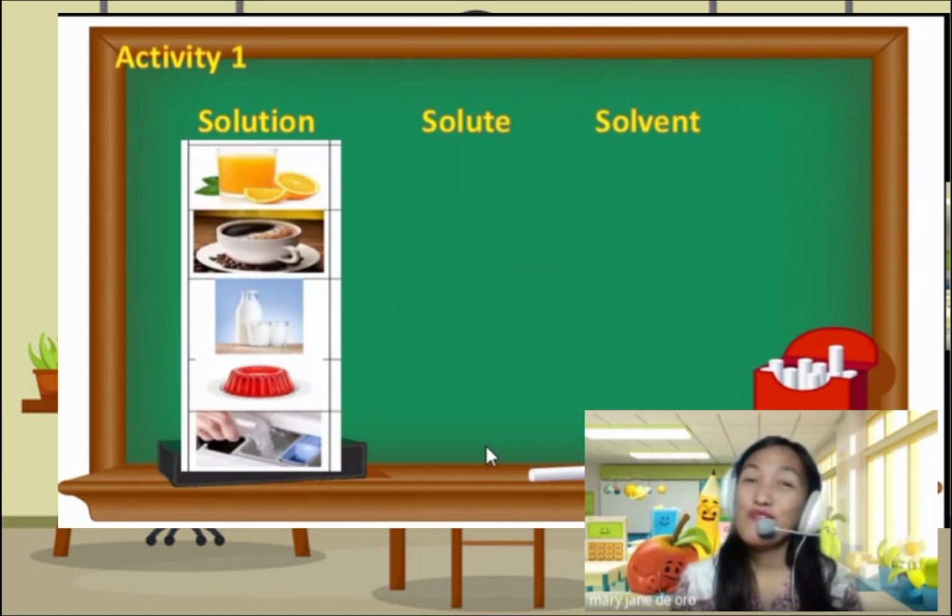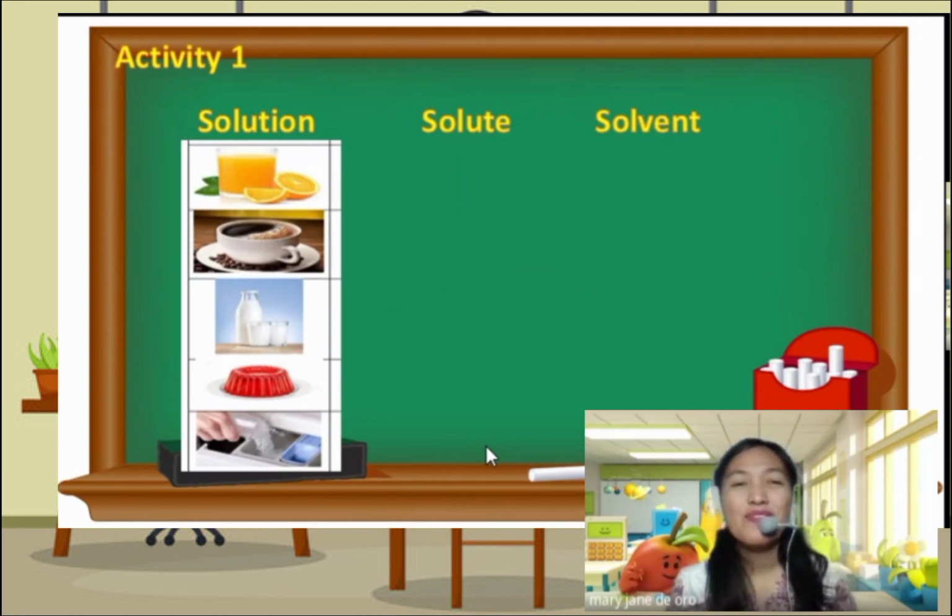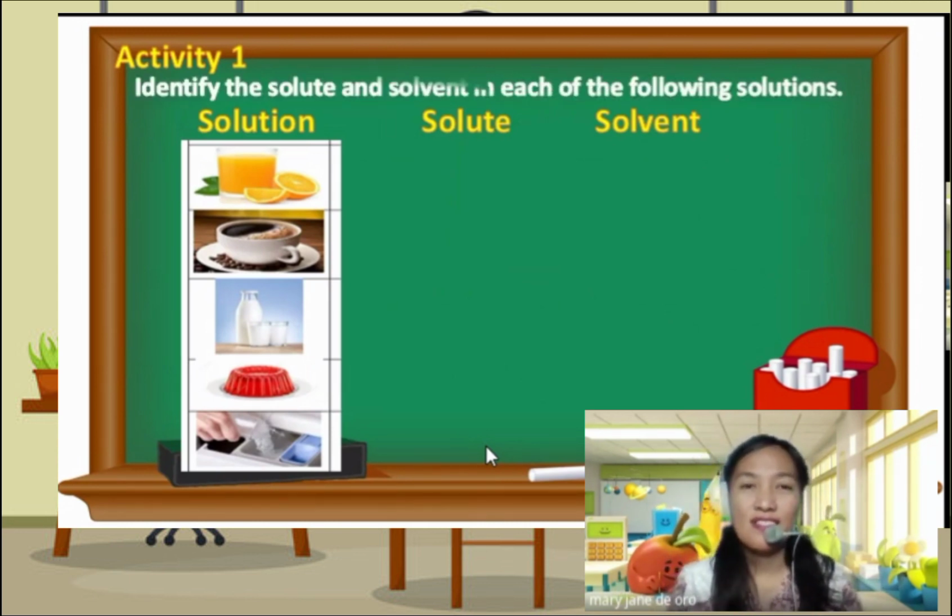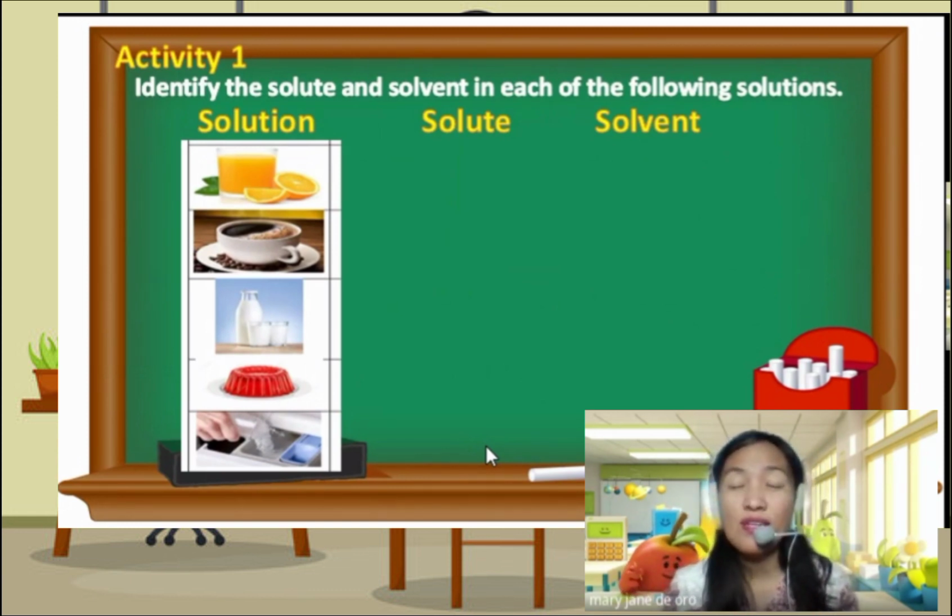Let's proceed. For your activity, I have here the solution in one column. You are going to write which is the solute and which is the solvent in a given solution. Okay, so you are going to identify the solute and solvent in each of the following given solutions.